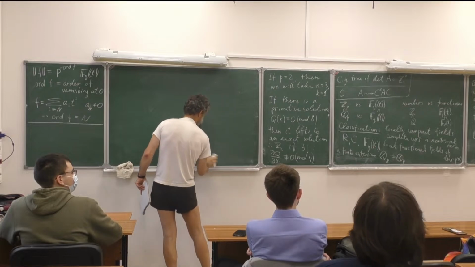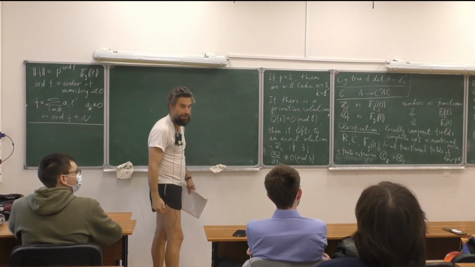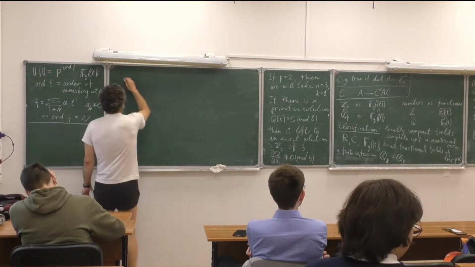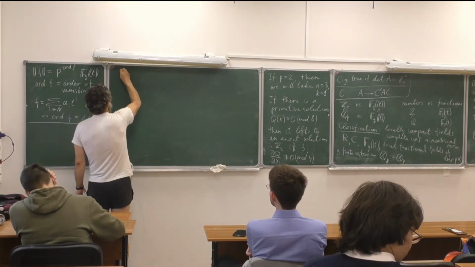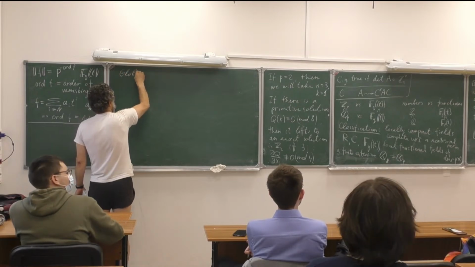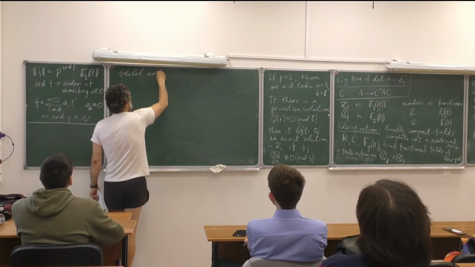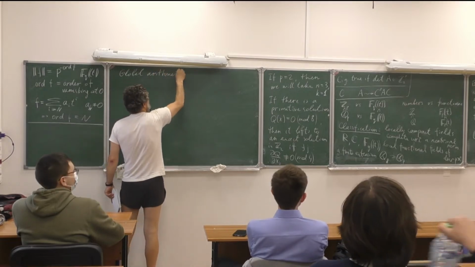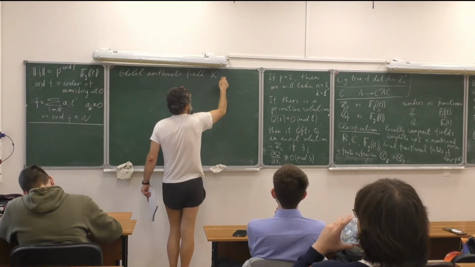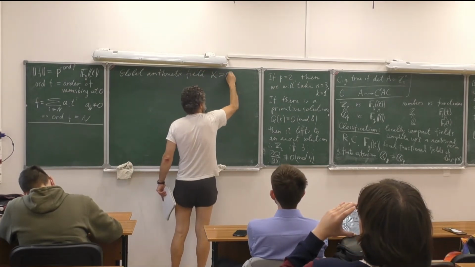Repeat again what the infinite points are and in which spectrum they are. Well, for any global arithmetic field, K is just a finite extension of Q.